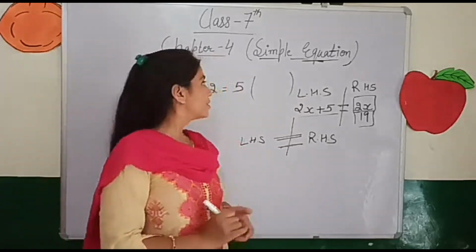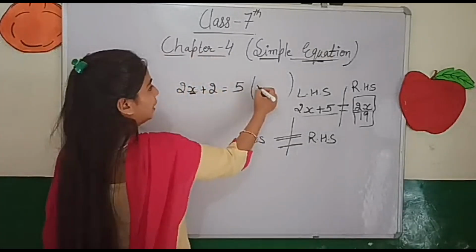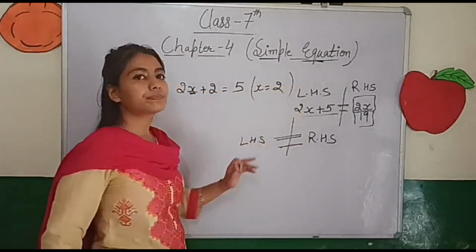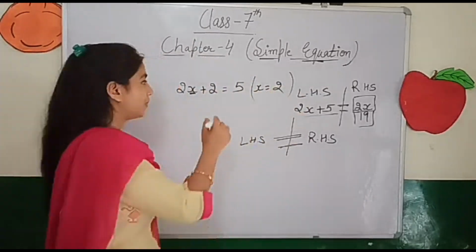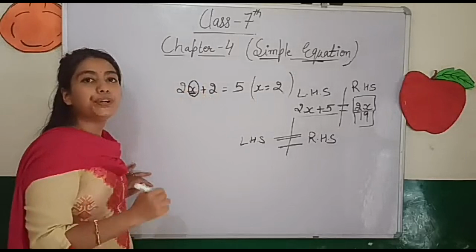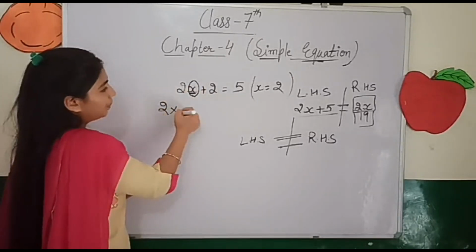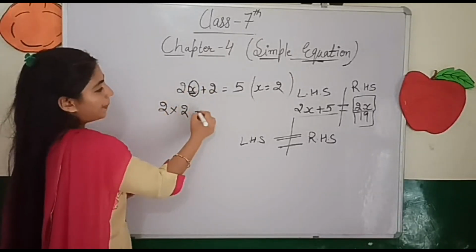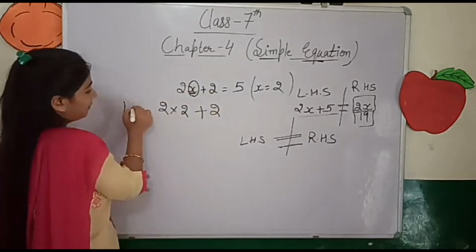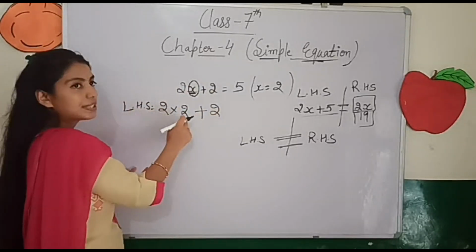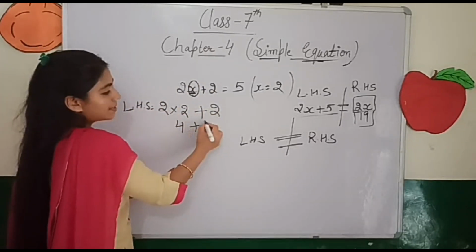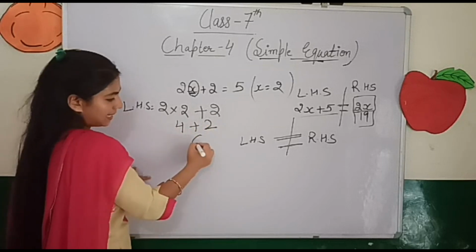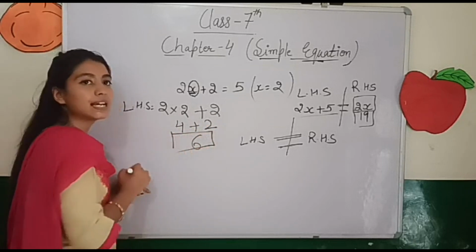Right students? Suppose I have the x value as 2. In the place of x I am going to put 2. So 2 into x value 2, plus 2. This is the left hand side. Now 2 twos are 4, plus 2 is 6. So the left hand side value is 6.